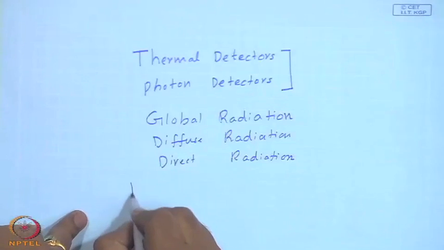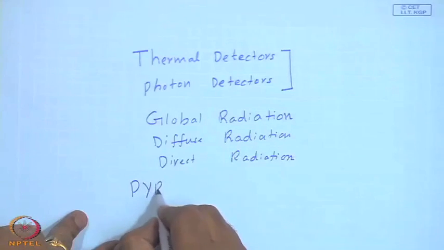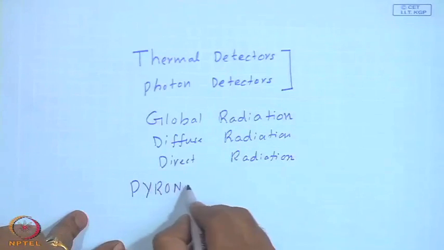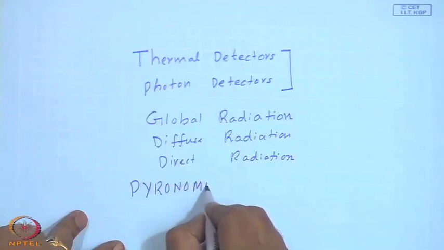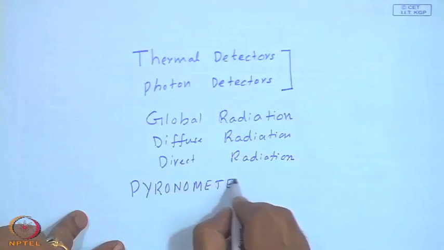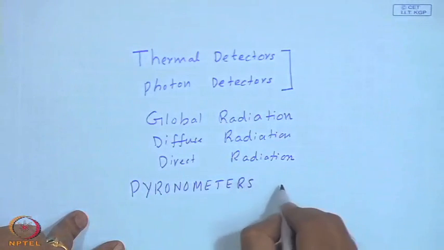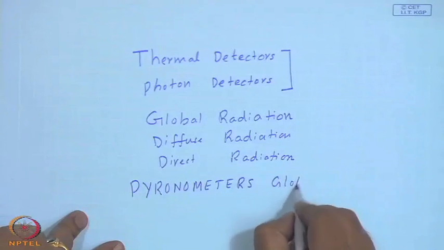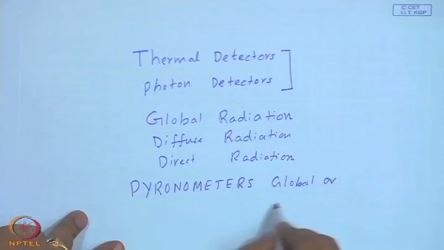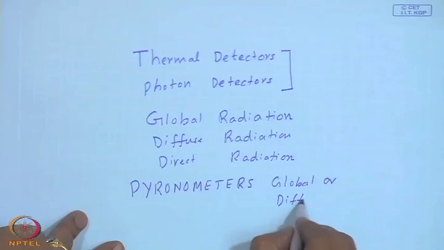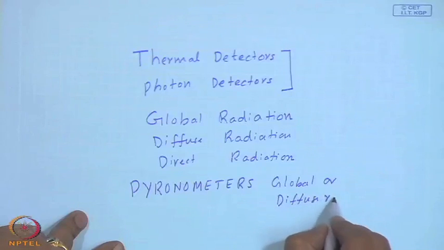Pyranometers, which are the most commonly used measuring instruments for solar radiation, they measure global or diffuse radiation.